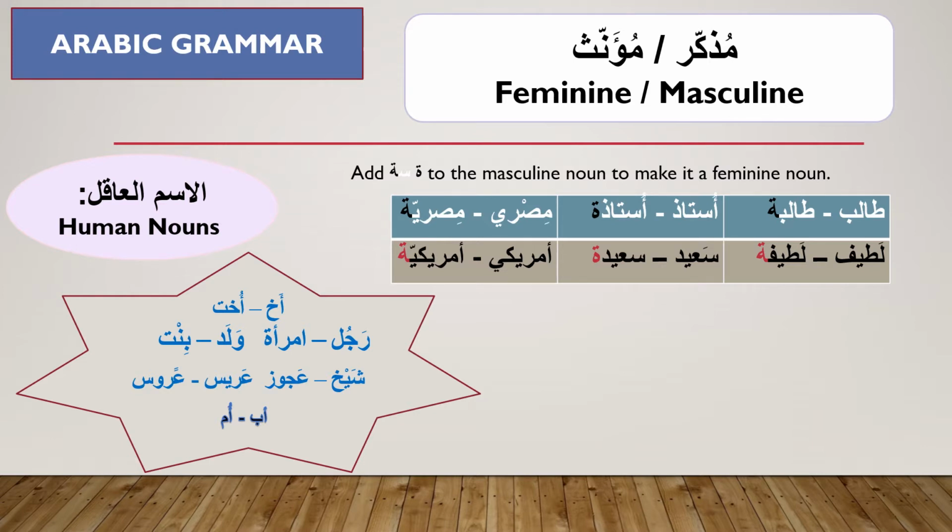An old man, an old woman, شيخ عجوز. A groom and bride, عريس عروس. Dad and mom, أب and أم. This is category 1, has to do with nouns that are related to humans.